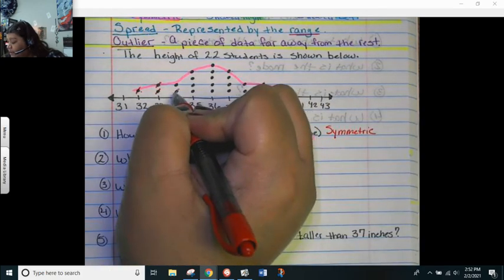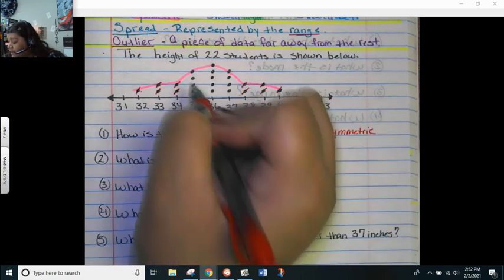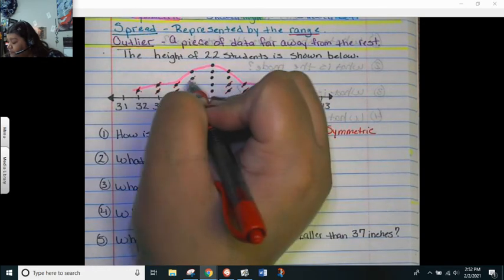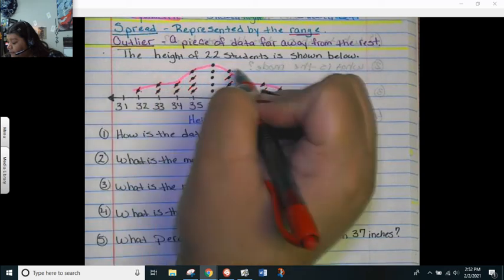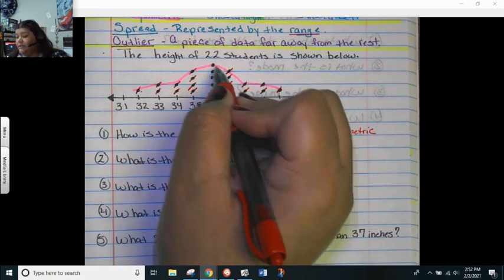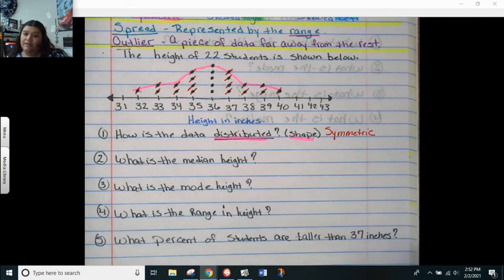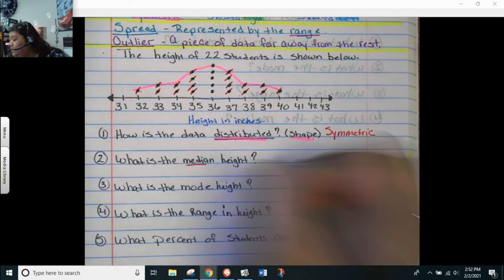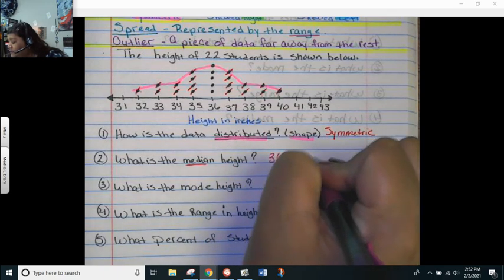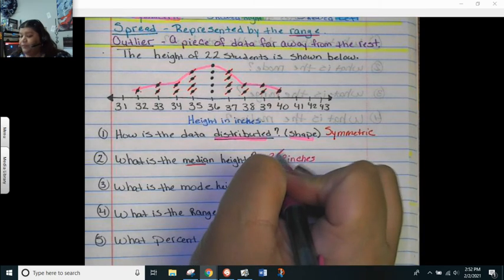One from the small side, one from the tall side, one from the short side, one from the tall side, and we're going to keep going. Now, clearly, all these dots are 36, 36, 36, 36, 36. So if all you have left are 36s in the middle, that's going to be your median. So the median number is 36 inches.